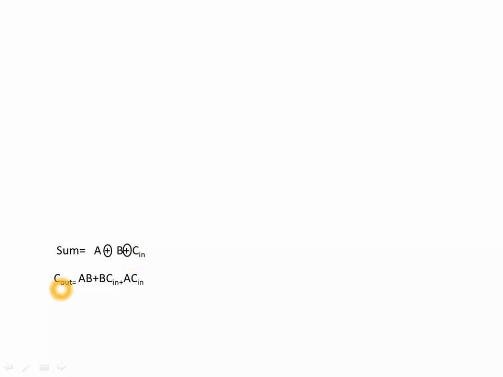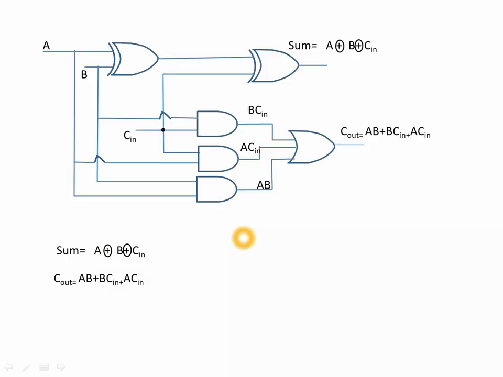Here the carry output equals AB plus BCin plus ACin. Let us see how this expression can be realized by using the exclusive OR operation. Here we have Cout equal to AB plus ACin plus BCin.